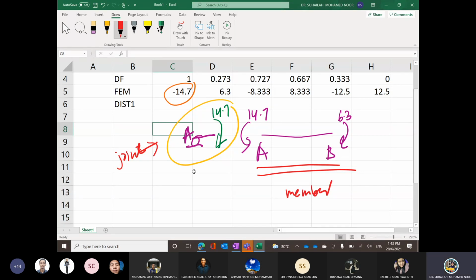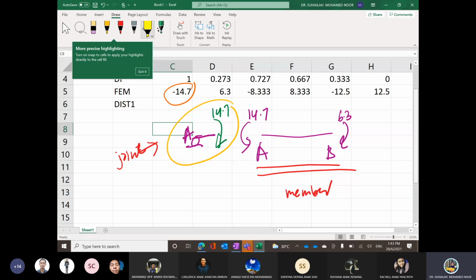So the moment that we distribute is actually the joint moment, and joint moment is opposite with member end moment. So the joint moment at A is negative 14.7 or positive 14.7? Which one?